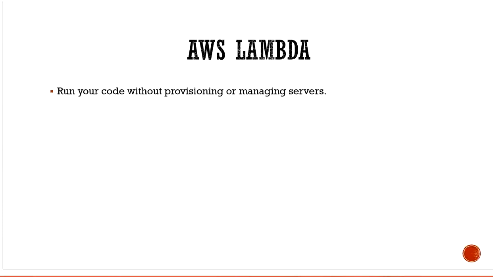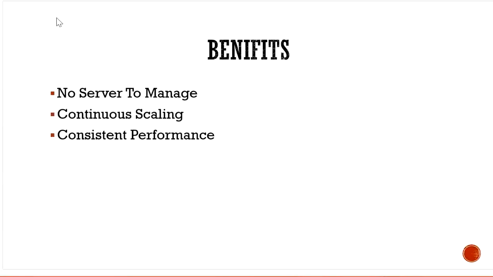And what are the main benefits of using AWS Lambda? As we know, AWS supports serverless computing, so it allows you to build and run applications and services without thinking about servers. With serverless computing, your application still runs on servers, but all the server management is done by AWS, and you just need to focus on the code and the logic of the code.